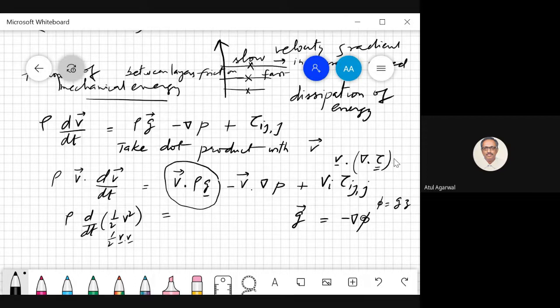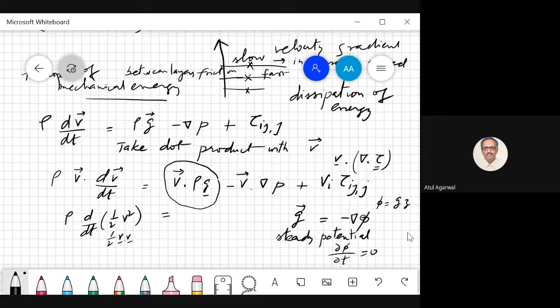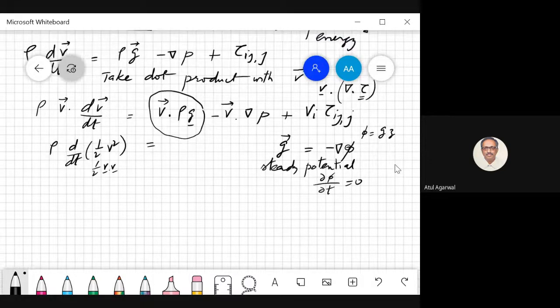That is why you are writing minus gradient of phi. Now if you say it's a steady potential, what is the meaning of steady potential? It remains uniform, it doesn't change with time. Gravitational force doesn't change with time, so you can write del phi by del t is 0.